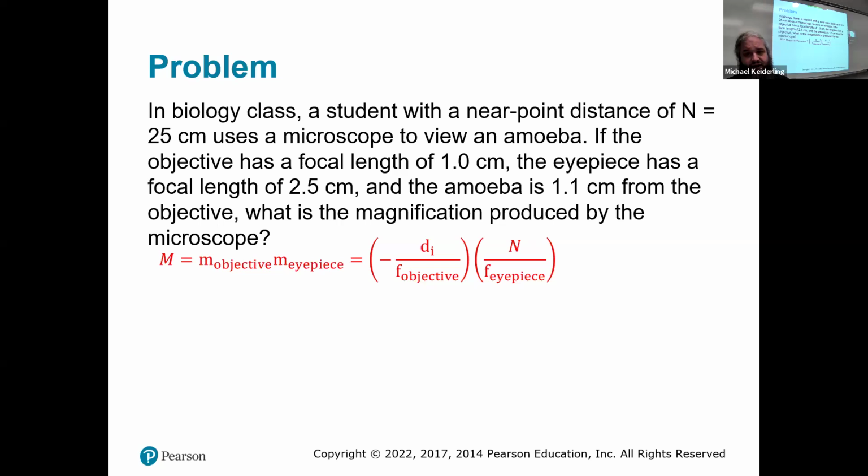The magnification is going to be minus di over the focal length of the objective, times n over the focal length of the eyepiece. So we need to find di.